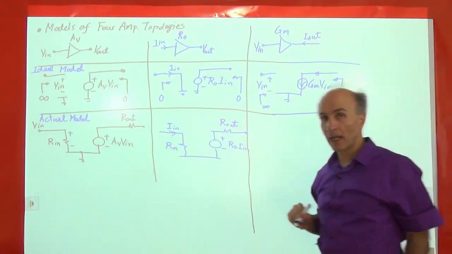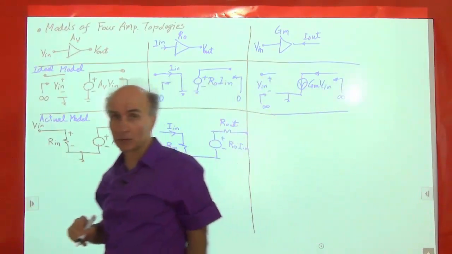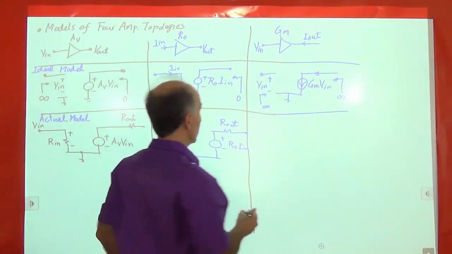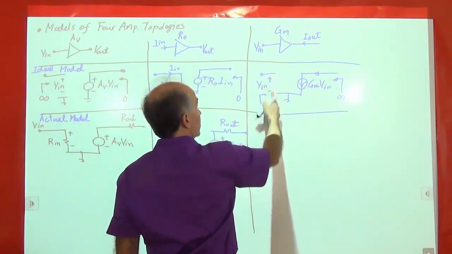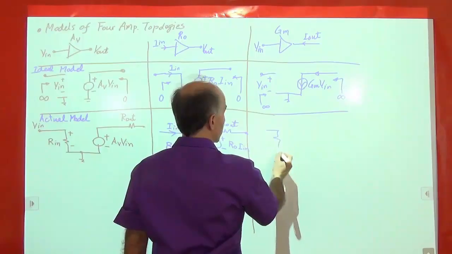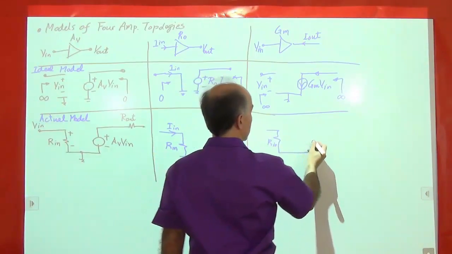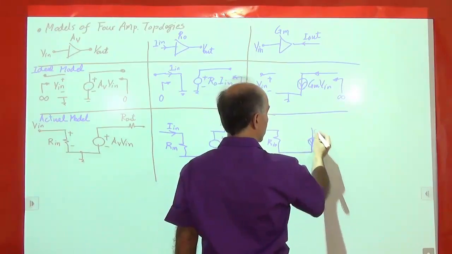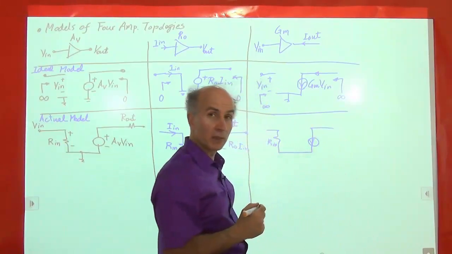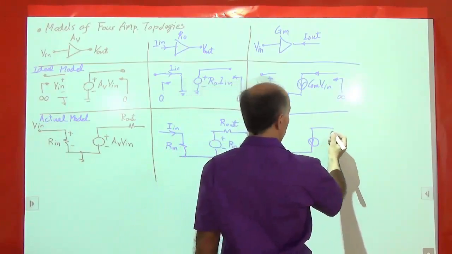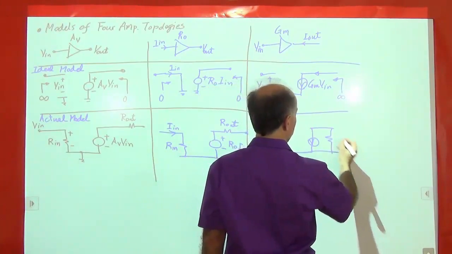Okay? And lastly, we have to find the non-ideal situation. Non-ideal situation is, again, the input impedance is finite. So here's R in. And the output impedance is also finite. But remember, for a current source, the output impedance becomes parallel to the current source because we're building a Norton equivalent, right?